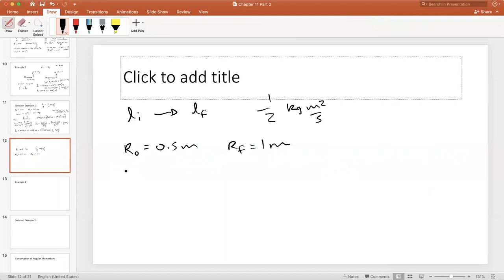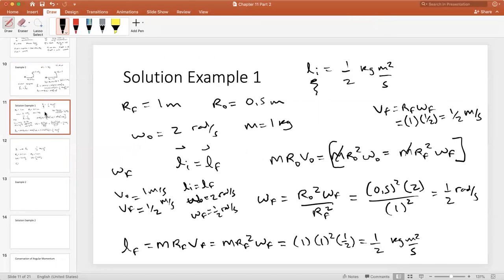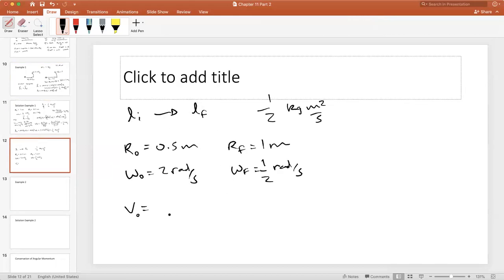However, the initial angular velocity went from 2 rads per second to a final angular velocity of 1/2 rads per second. And the velocity went from 1 meter per second to 1/2.